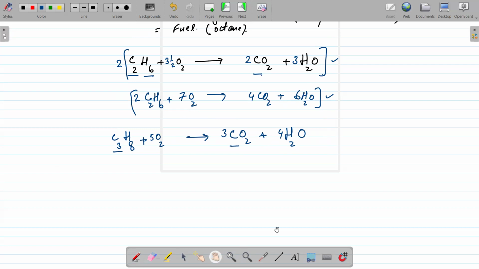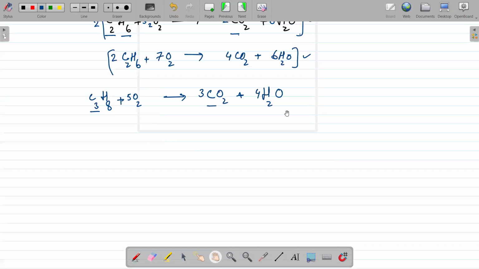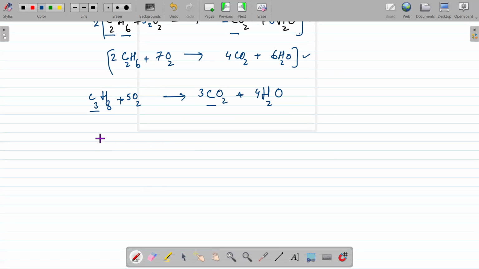Okay, so sometimes we have seen that if we burn these alkanes in a limited supply of oxygen, that is known as incomplete combustion.